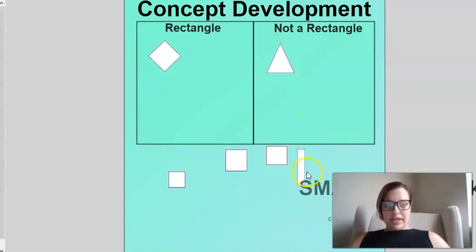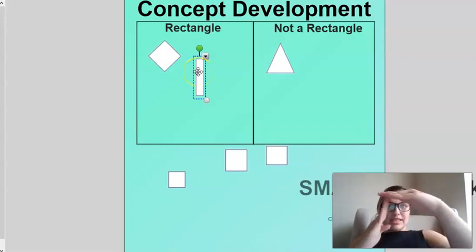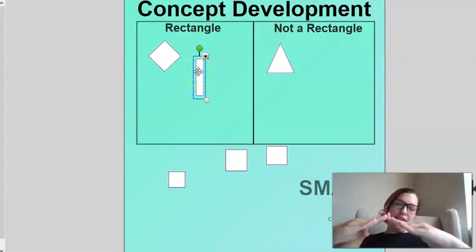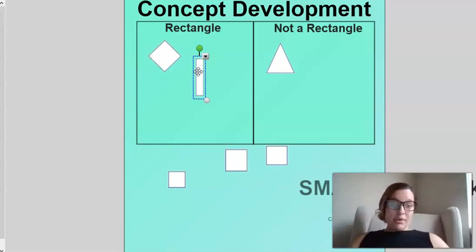Let's count this one over here. 1, 2, 3, 4. Is that a rectangle? It sure is. And look at it. The corners all connect so nicely, just like this. So we know it's a rectangle, because if they were like this and kind of slanted, it wouldn't be a rectangle anymore. That's another shape we'll learn about later.